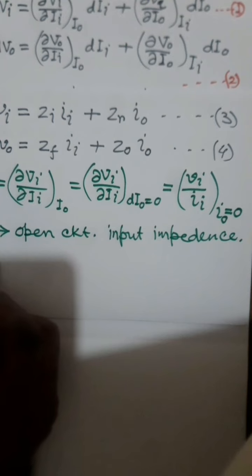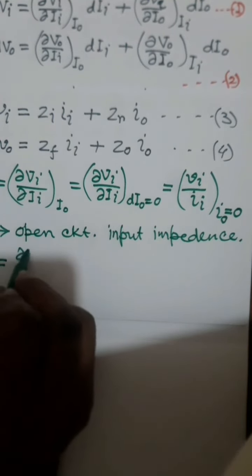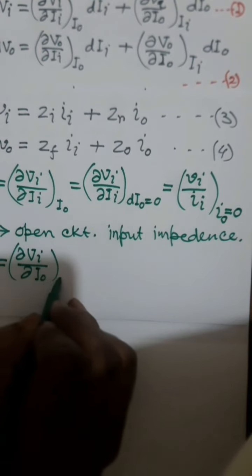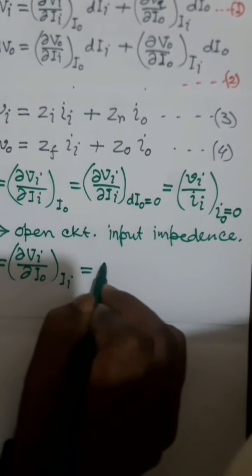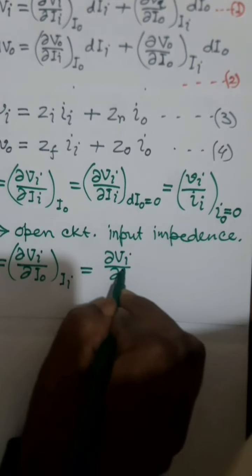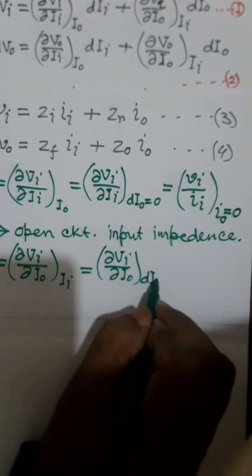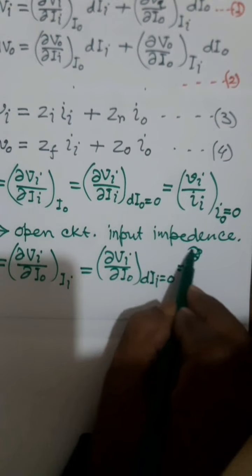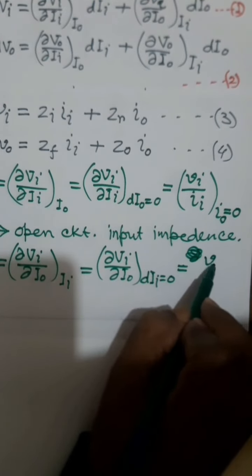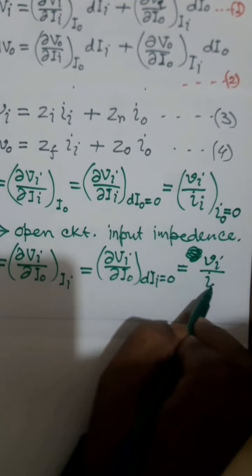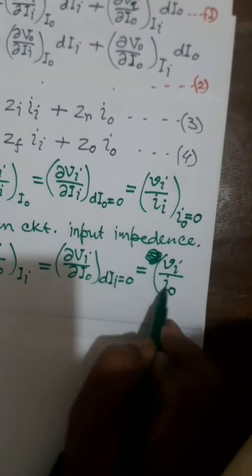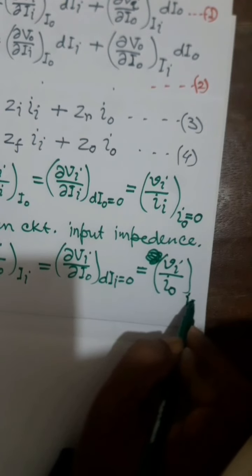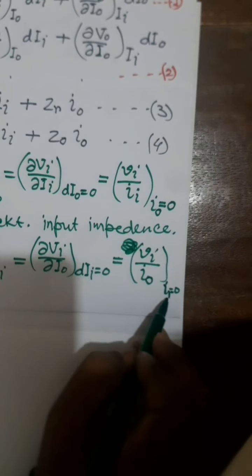Zr equals del Vi by del Io, constant Ii, that is input AC voltage Vi over output AC current Io, with Ii equal to 0.